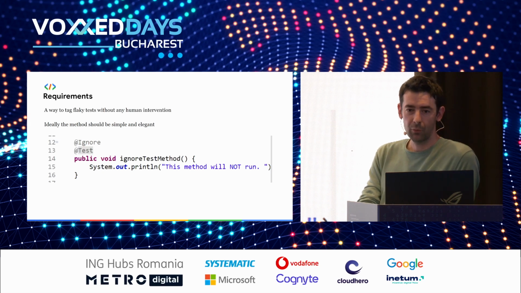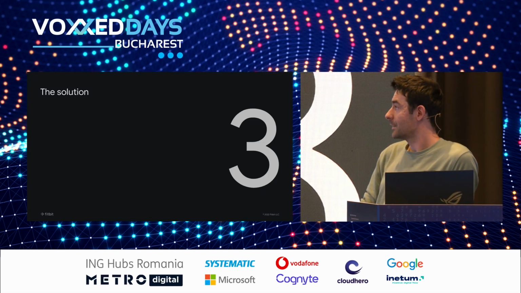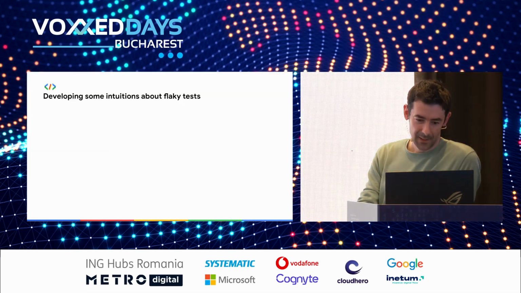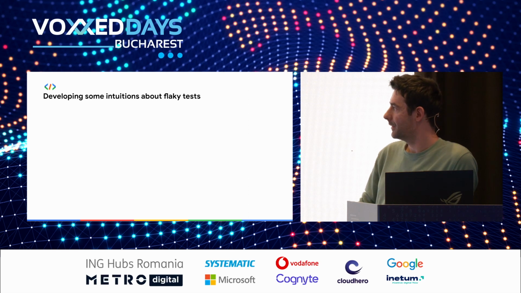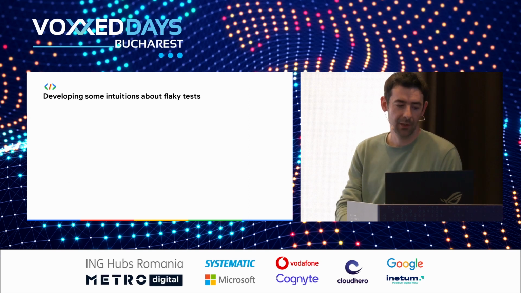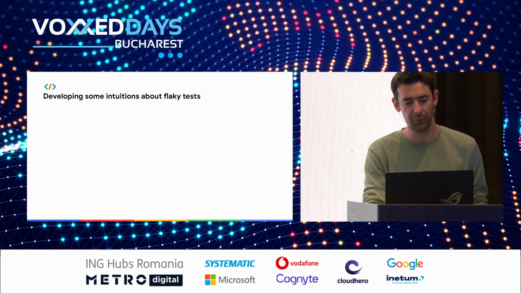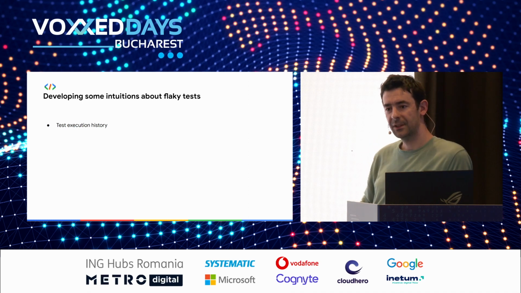So now that we know what we want, how are we going to solve that? Let's go right into the solution. Before we get into the nitty-gritty of machine learning, first of all, we have to develop some intuitions about flaky tests. Basically, we have three types of intuitions. The first one is that we can look at the test execution history.